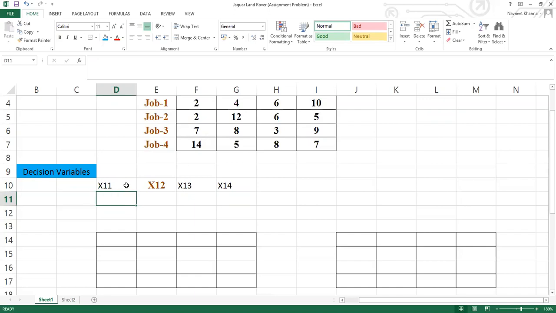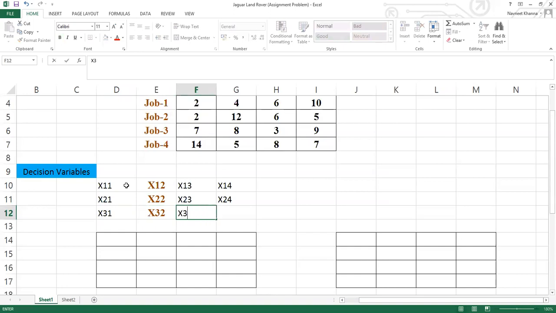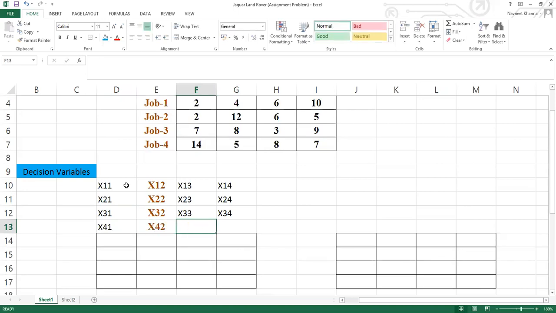Similarly, x21, x22, x23, x24, then x31, x32, x33, x34, and x41, x42, x43, x44.